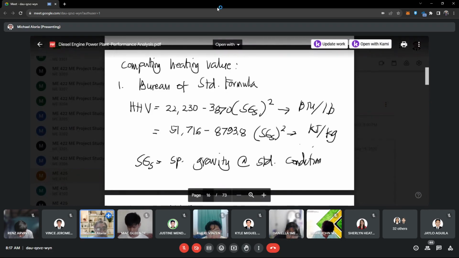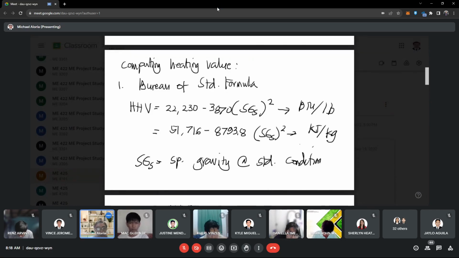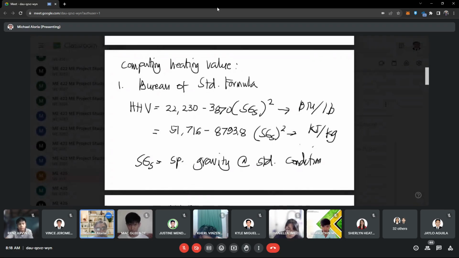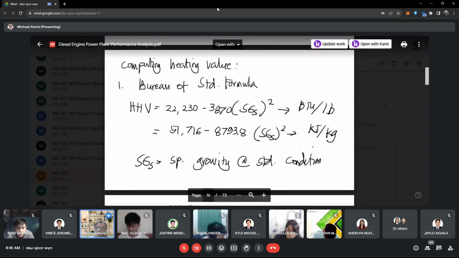Okay, so these are numerical values, which are 22,230 minus 3870 SGS squared. If you know your specific gravity at the standard condition, then we can simply substitute your SGS and we define your HHV in terms of BTU per pound.